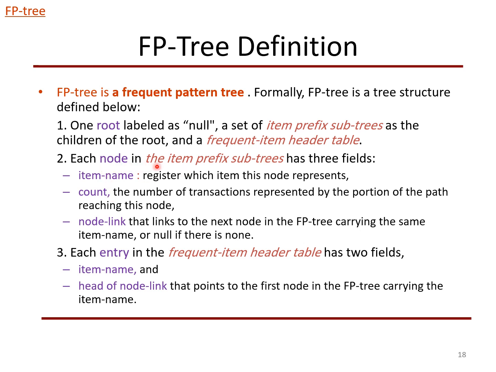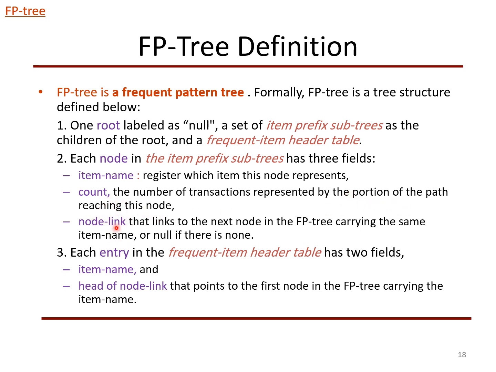Each node in the item prefix subtree has three fields. So it has the item name, which represents which item belongs to this prefix. The count, which is the number of transactions represented by the portion of the path reaching this node.